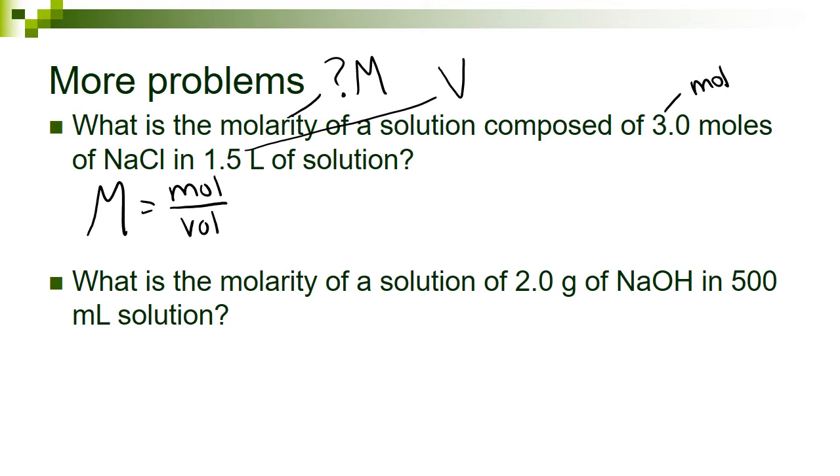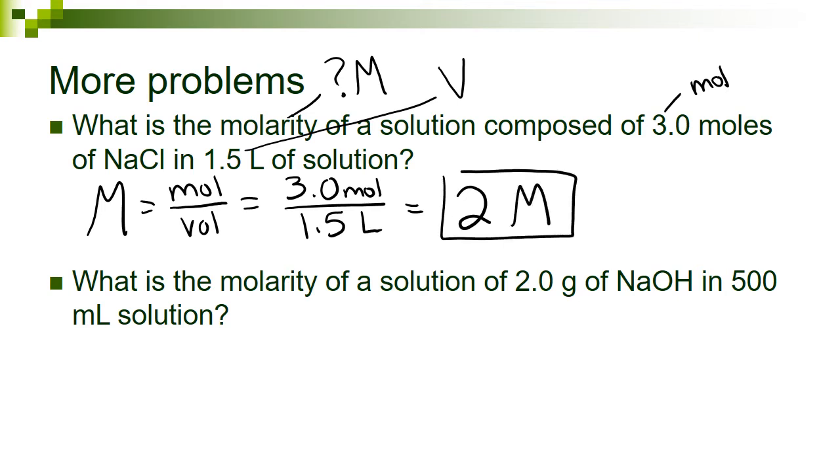Now for this particular problem, I'm actually trying to solve for molarity, meaning I don't have to rearrange my problem. I can just leave it like it is. That makes my life pretty simple here. So I have 3 moles divided by 1.5 liters. That should give me 2. Now for units, you could say moles over liters, or you could just put big M.